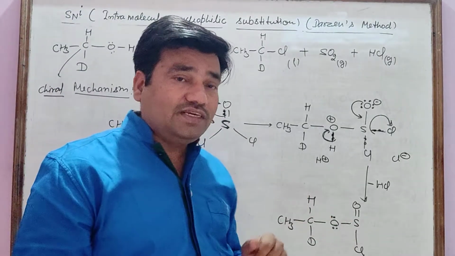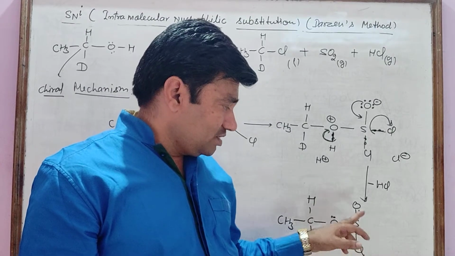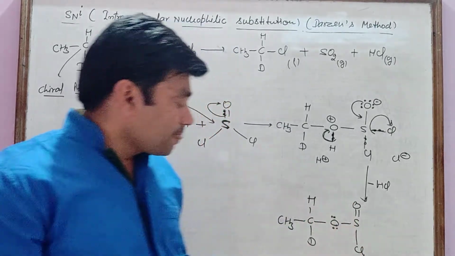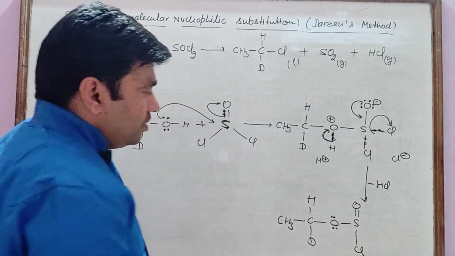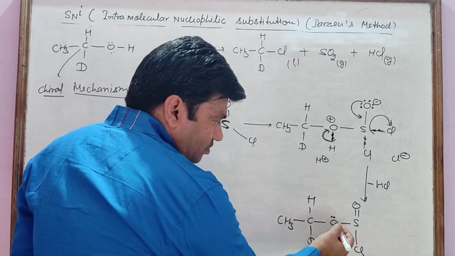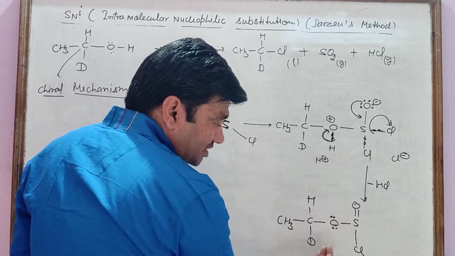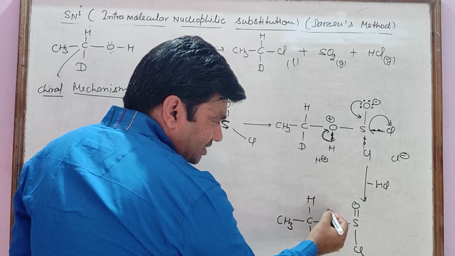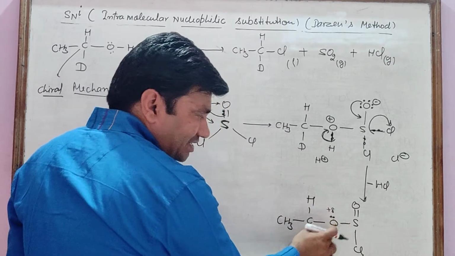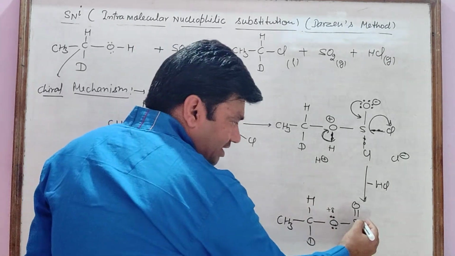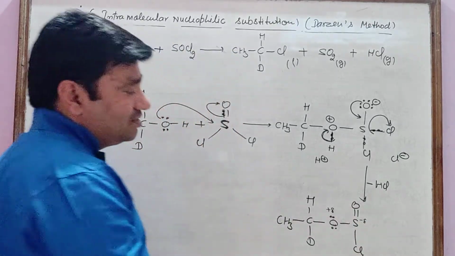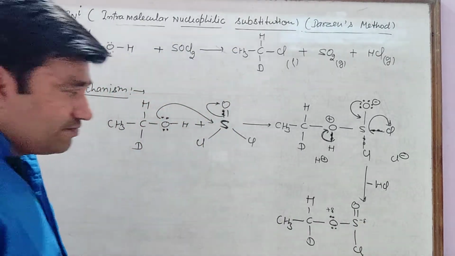Because of electron deficiency. Sulfur is still electron deficient, right? So what will happen? Now, when these electrons are shifting towards the sulfur, then a partial positive charge will be present at this oxygen atom, and a partial negative charge will be present at this sulfur atom.